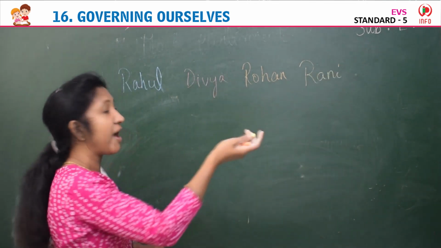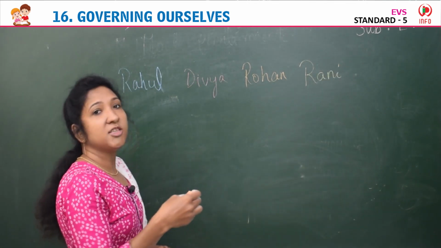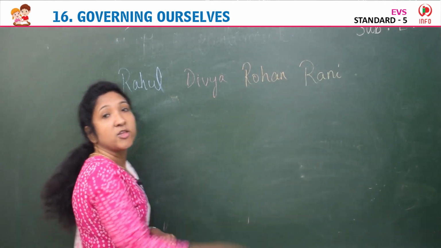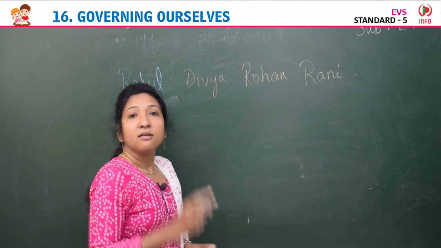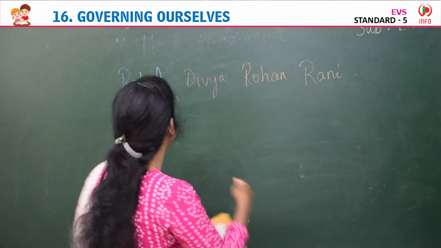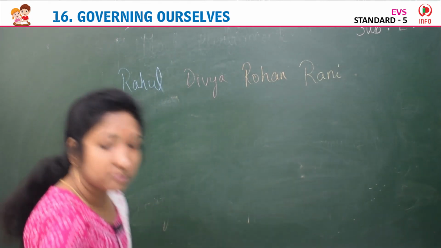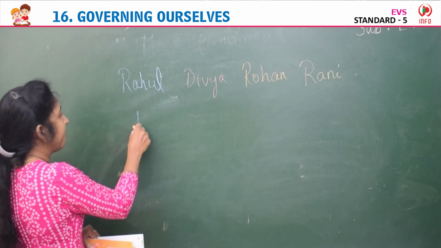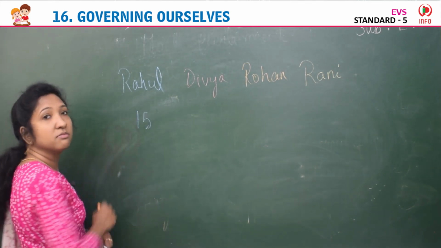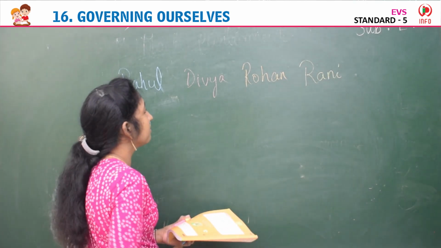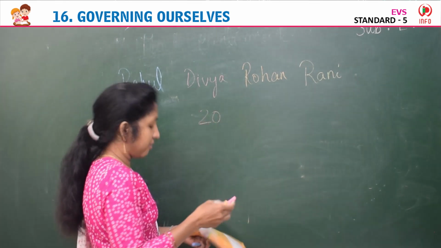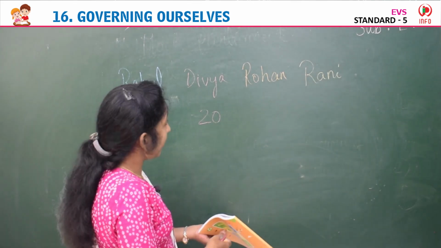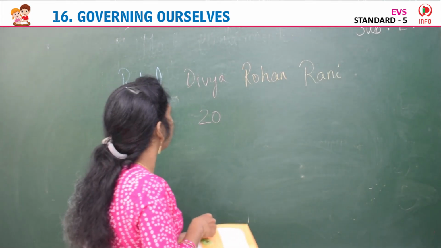From among these you have to select; the other children should vote for all these children, and the person who gets the maximum votes will win the class leadership. Suppose Rahul got 15 votes, Divya got 20, and Rohan got 10.